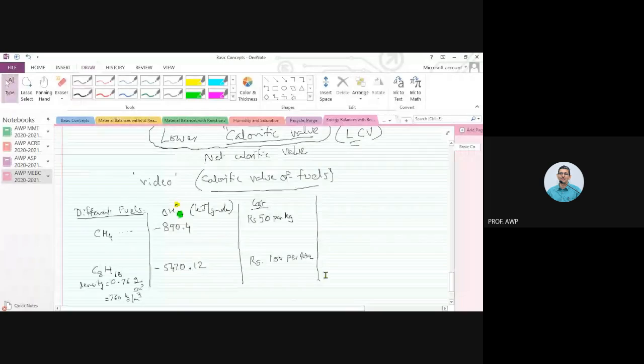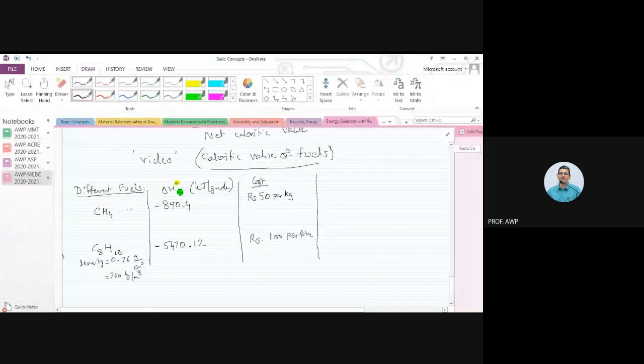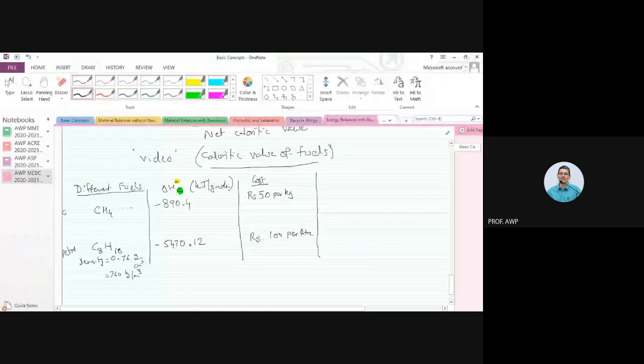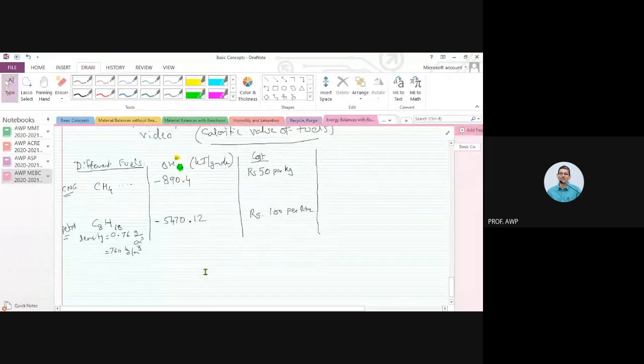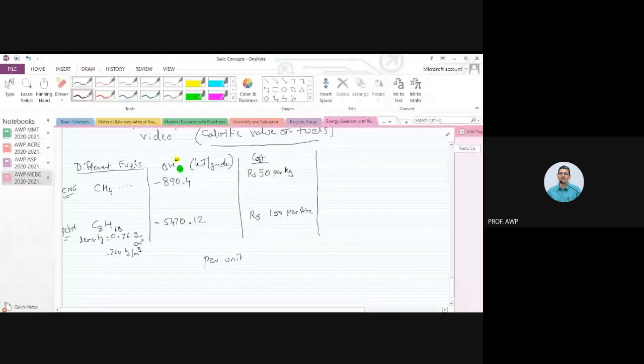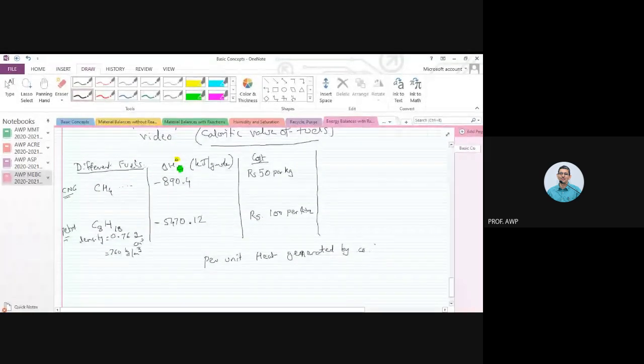Let's say I want to run my car based on either petrol or CNG. And let's say the car gives the same amount of mileage, in the sense of kilometers traveled per kg. So what we will talk about is per unit heat generated by combustion in the car.